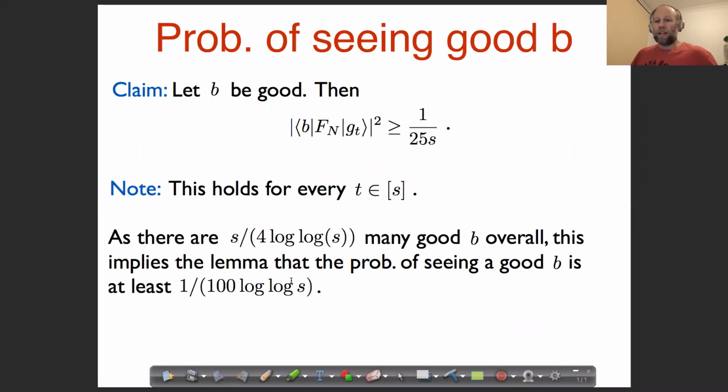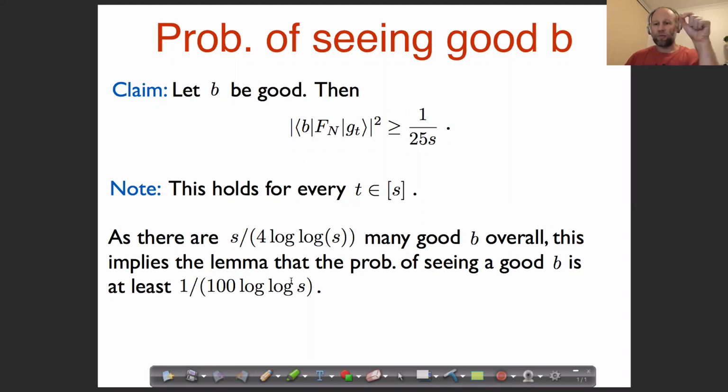Okay, so now the next thing that we're going to show is about the probability of measuring a good B. For this, we're going to fix a good B. And we claim that the probability that we see this good B when we measure the Fourier transform of GT is at least 1 over 25S. So this is independent of T, so this holds for any GT.